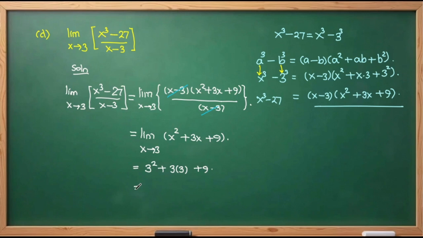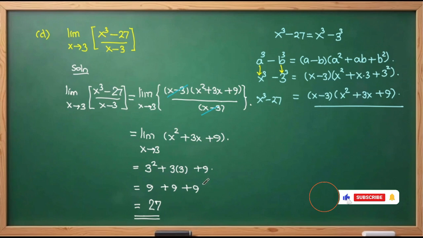Now when you square the first term, you get 9. If you multiply 3 times 3, we get 9. Then when you add these with 9, you'll have 27. This is our answer.